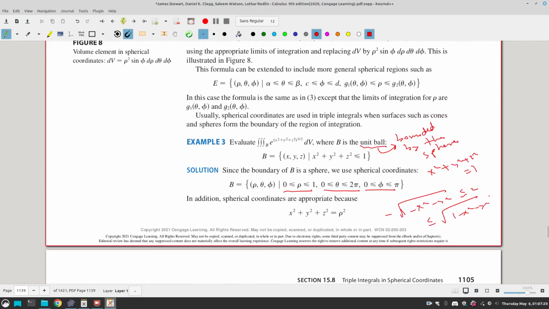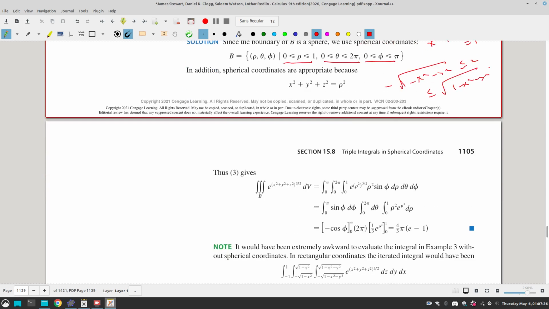And of course, x square plus y square plus z square is equal to rho square. So the integrand becomes e to the rho cubed, and of course the region is rectangular. And of course don't forget the factor of rho square here. So this we can express as a product of iterated integrals.